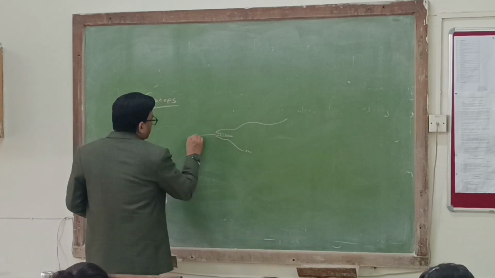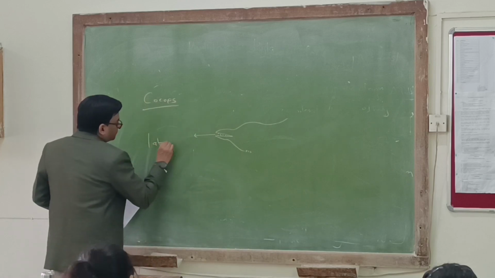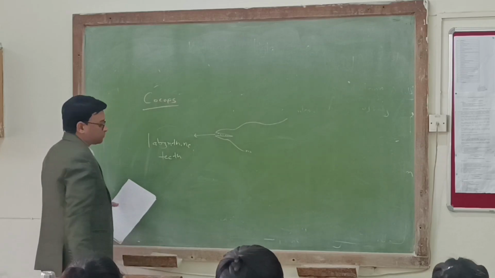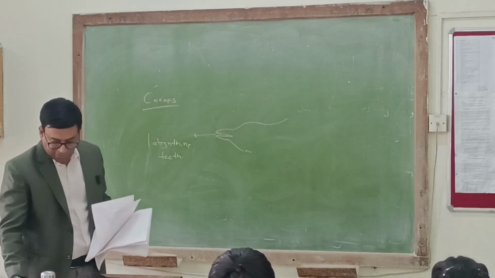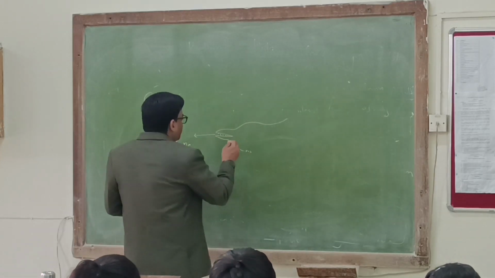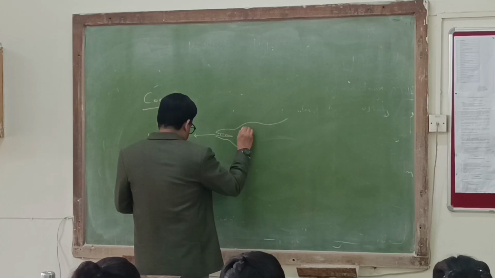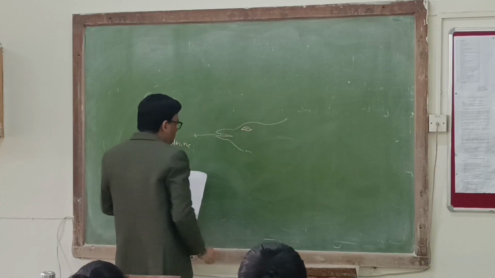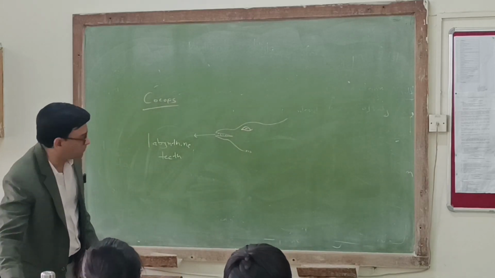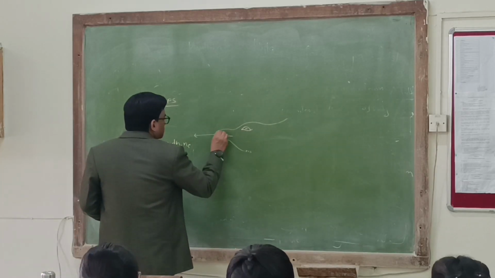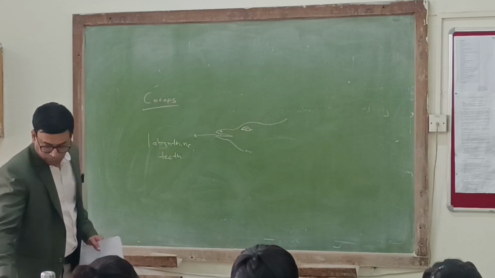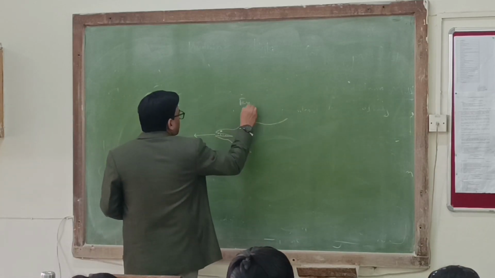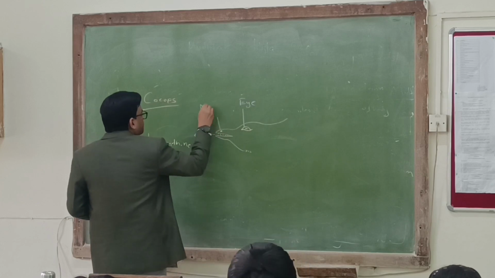So this is labyrinthine. Then they have a prominent eye. So draw the eye. Here you will find an eye. Then they have a nostril. So this is the eye. This is the nostril.